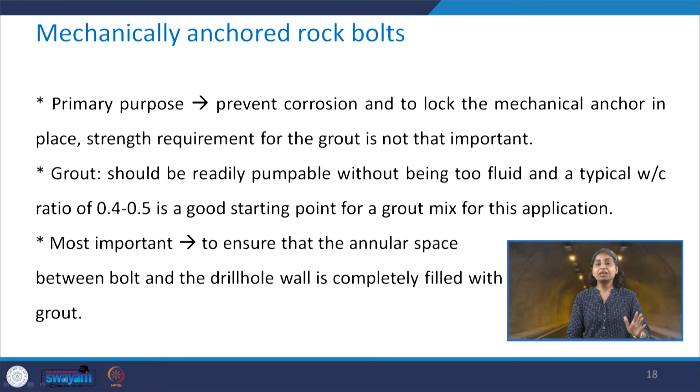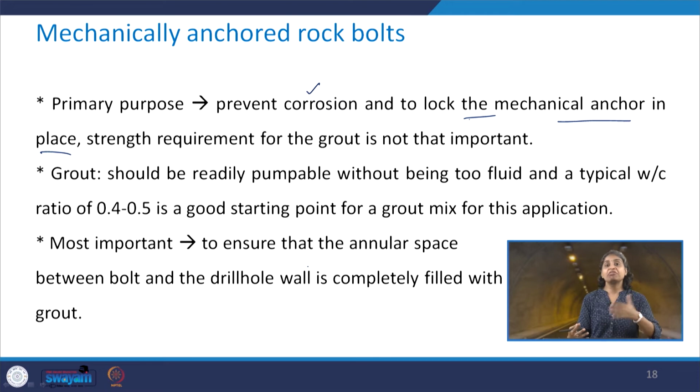The primary purpose of this grouting is to prevent corrosion and to lock the mechanical anchor in place. So the strength requirement for the grout is not really that important, because the primary purpose is not to attain strength using the grout.